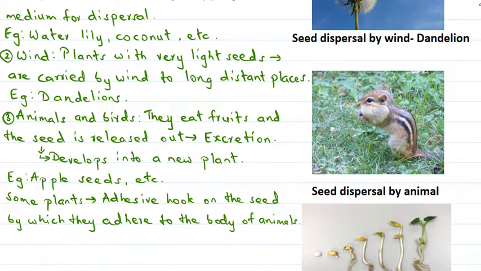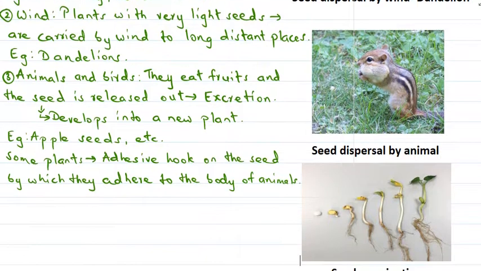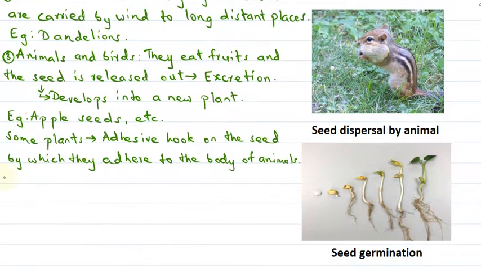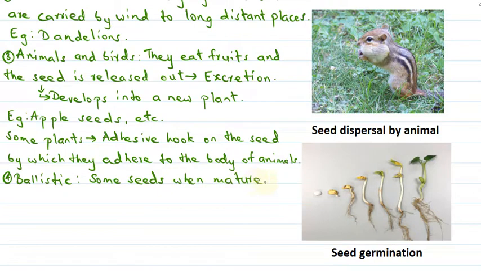Next we will talk about the other method of seed dispersal, the ballistic method. What happens here? There are some seeds which, after they mature, forcefully explode.